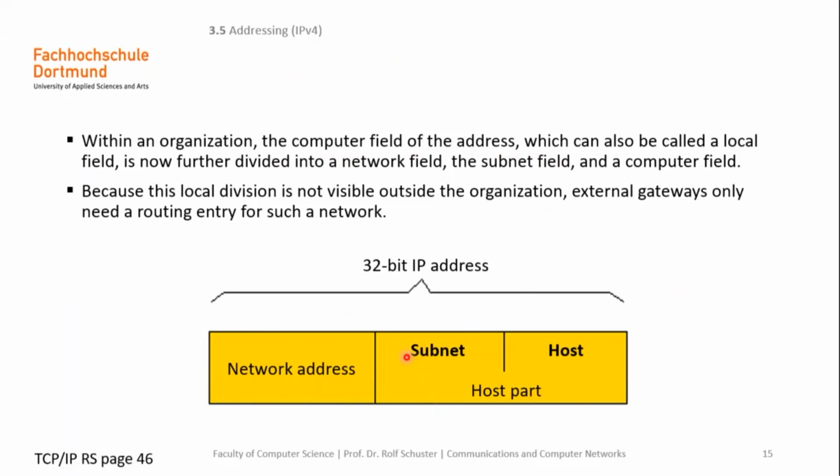Then those organizations could use this range of addresses, but they could use the most significant bits of the host part to identify the subnetwork, and the less significant part of the host part to identify the host within the subnetwork.